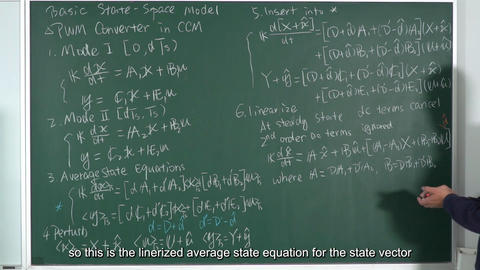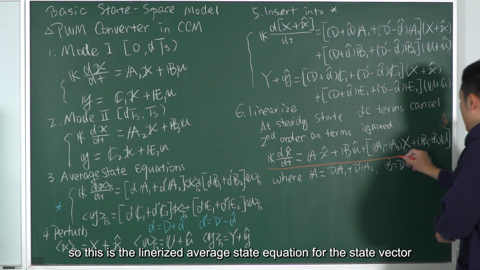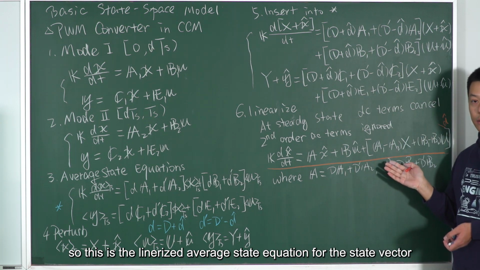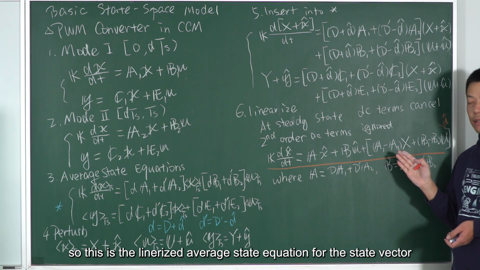So this is the linearized average state equation for the state vectors, right?